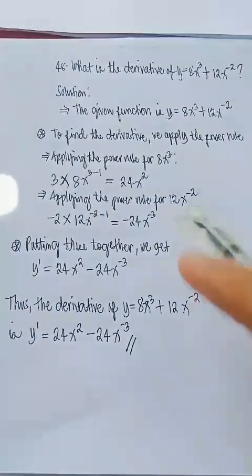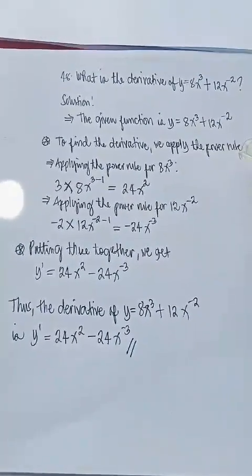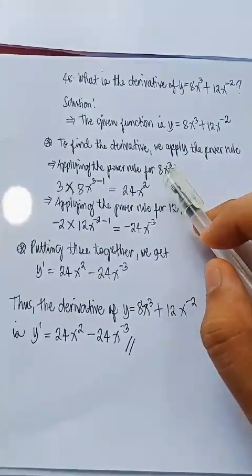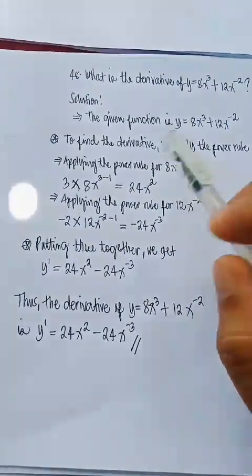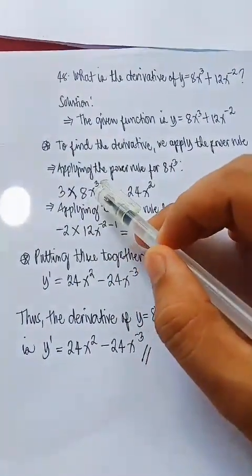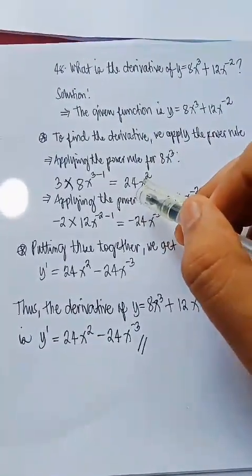Now, to find the derivative, we apply the power rule. For 8x cubed, this will become 3 times 8x raised to 3 minus 1, which is 24x squared.